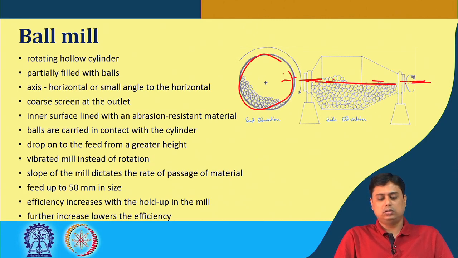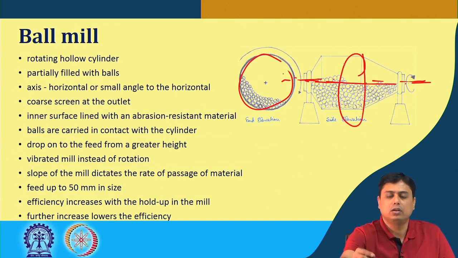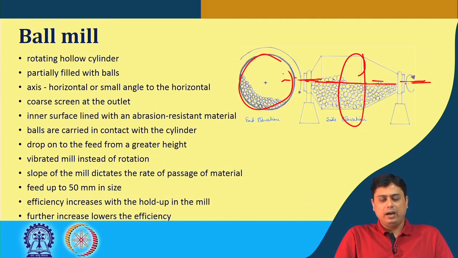The balls that are partially filled in this chamber create a lot of chaotic movement inside the bed, and with the feed and the load it is handling, and the rotation of the body, there are heavy chances of abrasion to all the parts of this ball mill. So, typically the inner lining of this rotating body is made of abrasion resistant material such as rubber or stainless steel.